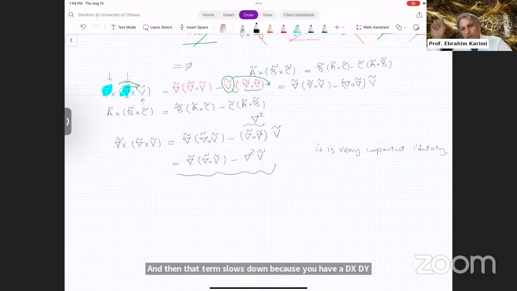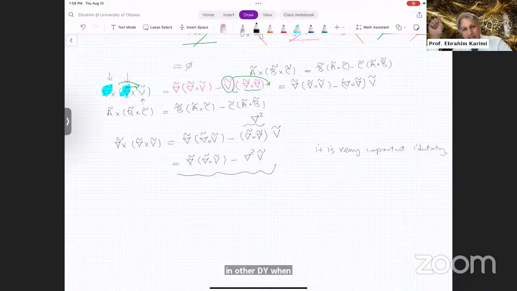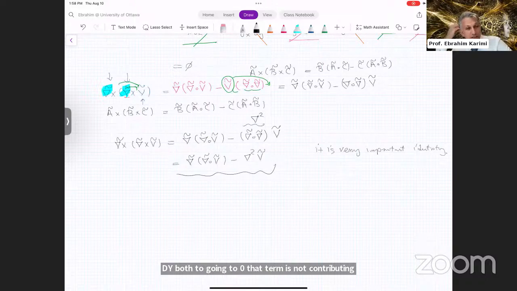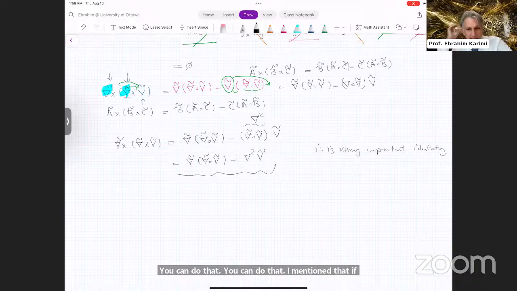When you asymptotically put dx and dy both going to zero, that term is not contributing. You can do that. I mentioned that explicitly in the YouTube video, if you look at it.